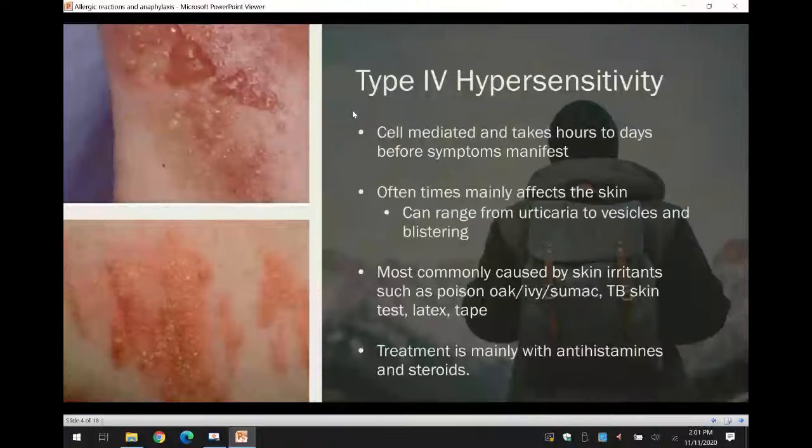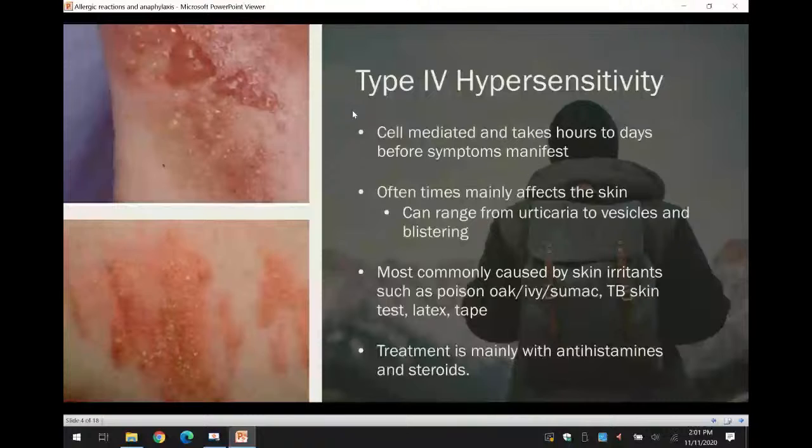So if you come across somebody that you think might be having an allergic reaction, being able to check out the rash can help determine if it could be more of a delayed type. If you're seeing vesicles, especially in a string or a train track kind of look, or there's blistering, it's less likely to be anaphylaxis and more of a type 4, like your poison ivy type of thing.